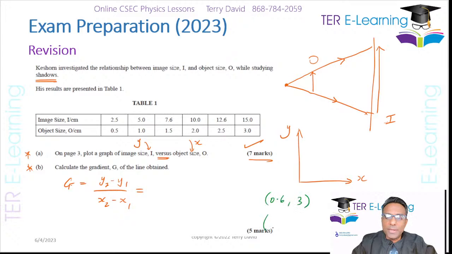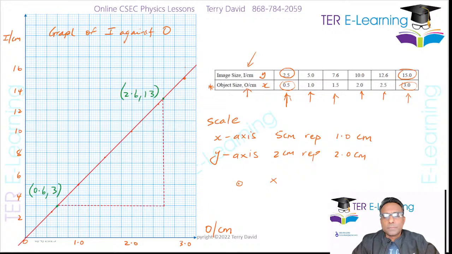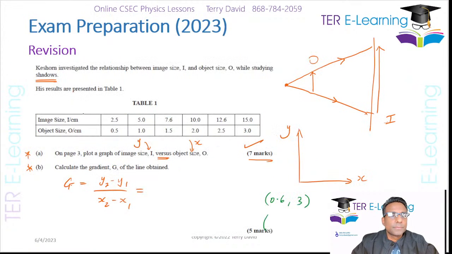And the second point that we have here was 2.6 and 30, right? Now, before you plug anything into that formula there, I want you to take your pencil in the exam and I want you to label this. Call this x1, y1, call this x2, y2, right? You can label it however you want, just be consistent.